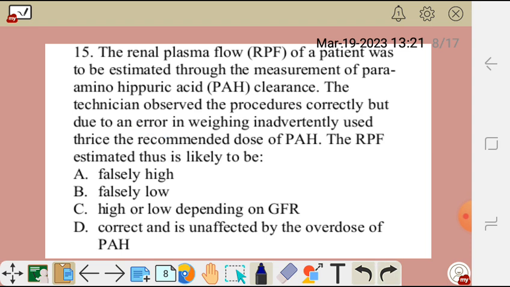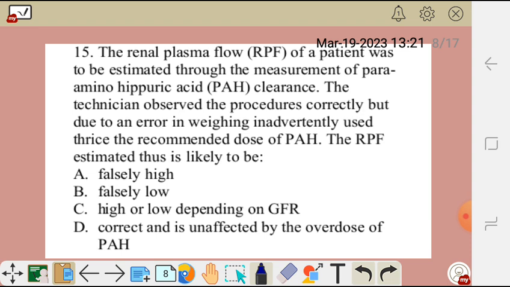This error was to overdose. He injected an overdose of PAH into the bloodstream of the patient. So it was 3 times more than normal. So what will happen to the estimate of RPF in this case?